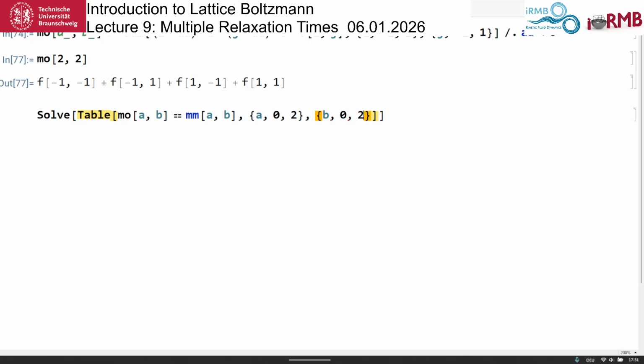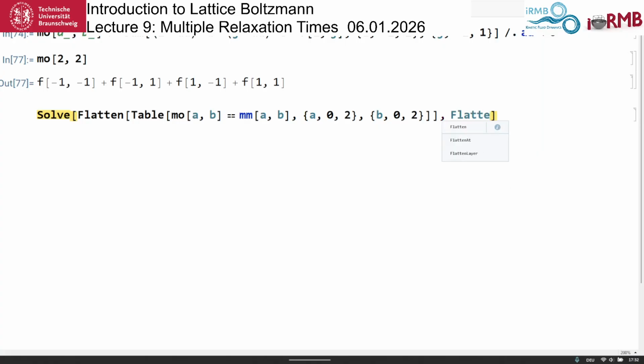So we'll generate all the equations. Then this becomes a list of lists, and this is not what we want. We want a list, so we have to flatten this, and then this gives us a list of equations, and then we have to solve for the populations. So this again we do by a table, and this again we have to flatten.